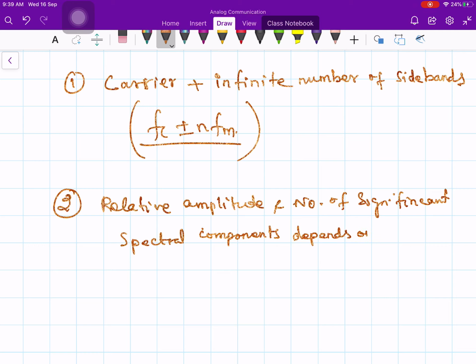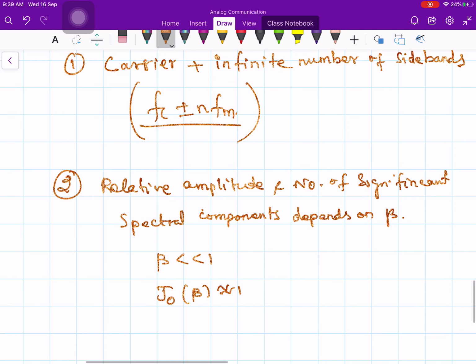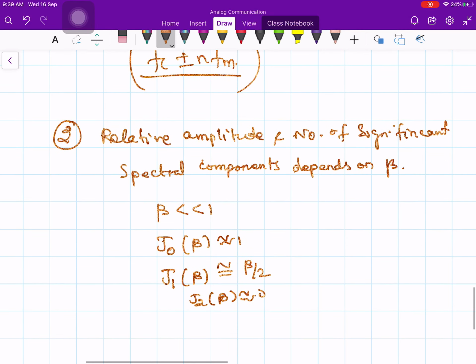If you recall from your Bessel functions, if beta is much less than 1, then J0 of beta is approximately equal to 1, J1 of beta is approximately equal to beta by 2, and J2 of beta is approximately equal to 0. So J2 of beta, J3 of beta all go to 0. Therefore the coefficient depends on the value of beta.